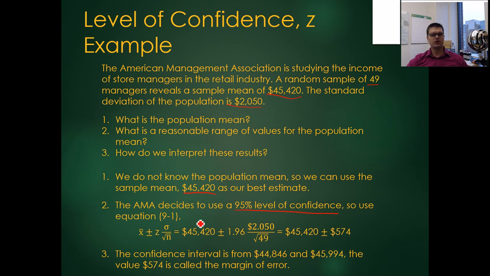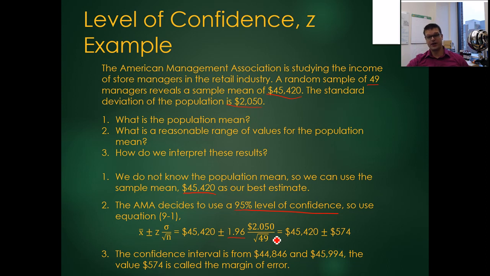95 is normally the one that you're going to use the most. Okay, so you do 45,420 plus or minus 1.96, which once again is the Z-score for 95%, or 47.475, multiplied by 2050 divided by the square root of 49.